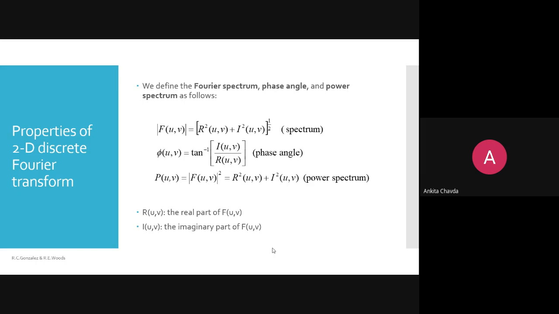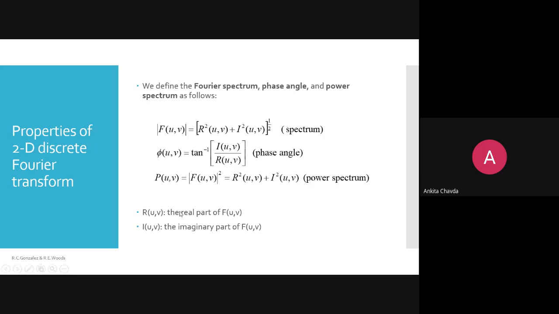You move your filter over the whole image and calculate a single value each time. Imagine my image is 1000 cross 1000 and I apply a filter, generally 3 cross 3, on each and every pixel and calculate something. In the frequency domain, just by changing one frequency, it will be applied to all.